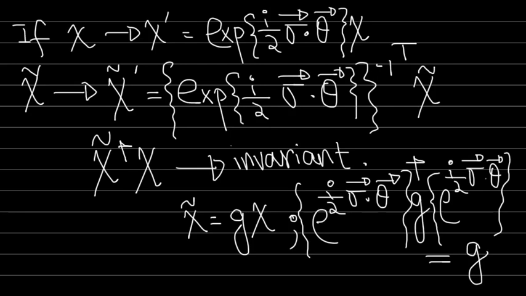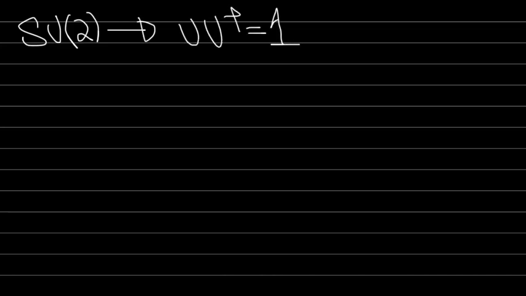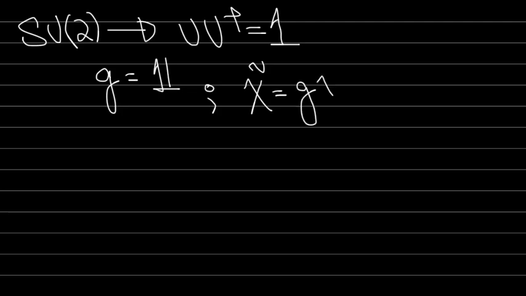However, for SU(2), we already know that u times u dagger is 1, right? So g is equal to identity, right? And we can say that chi tilde is equal to g chi, which is equal to chi, right?